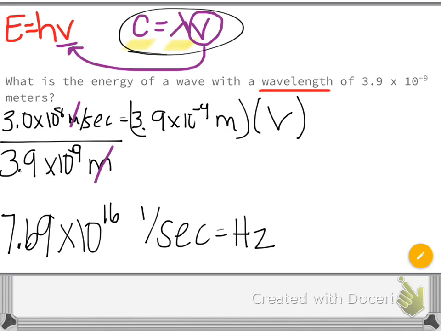So that is your frequency, but that's not what I'm asking for in the problem. What we're being asked for in the problem is the energy. So we have to do one more step. So if you do not have this yet, pause it and get this stuff written down and do this math because I'm going to erase the things on this screen.